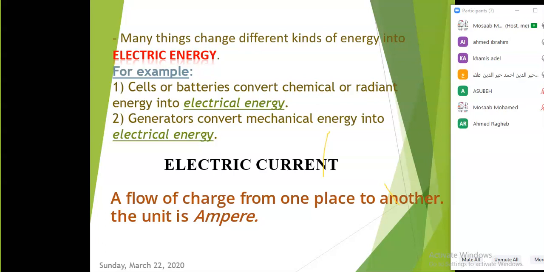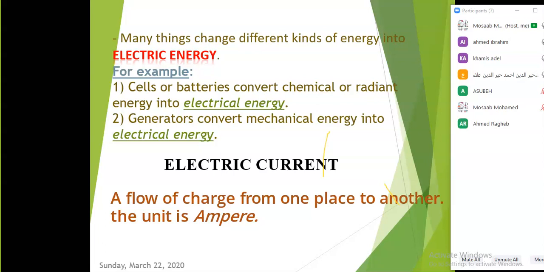Electric current is a flow of charge from one place to another. What if I ask you what is meant by electric current? You are going to say it is a flow of charge from one place or one point to another.